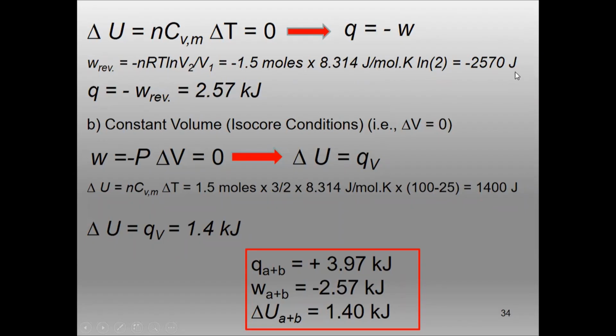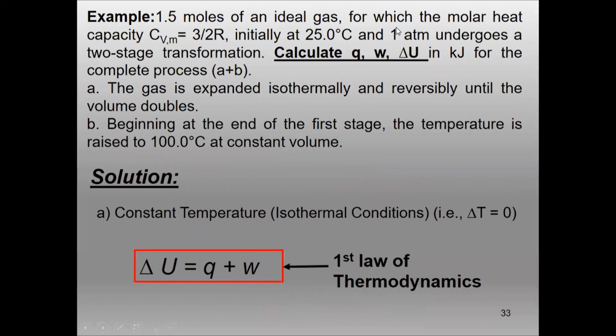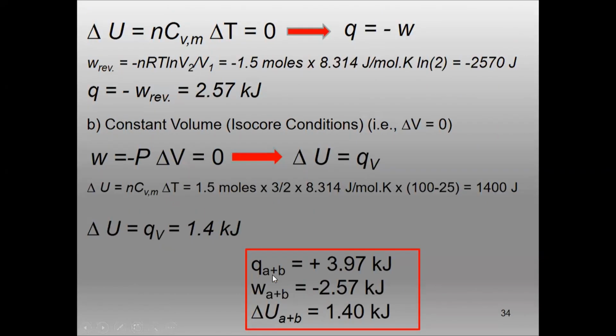So the work is negative 2.57 kilojoules, and Q is 2.57 kilojoules. How do we get that? From the relationship between Q and W, which comes from the first law of thermodynamics. Delta U is 0, Q equals negative W. So this is delta U, Q and W in the first condition.